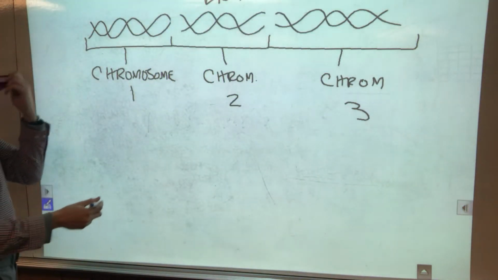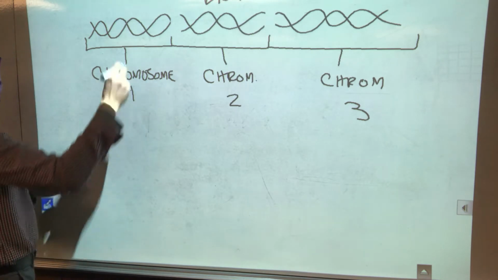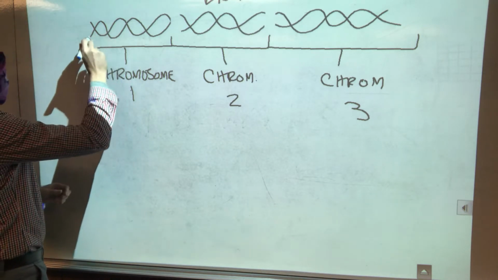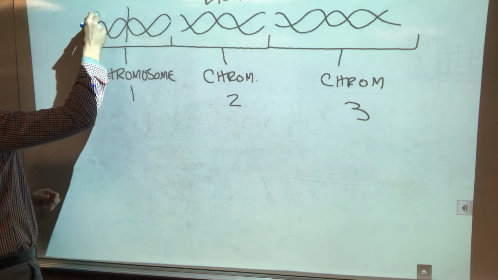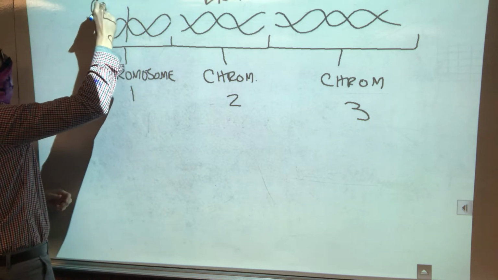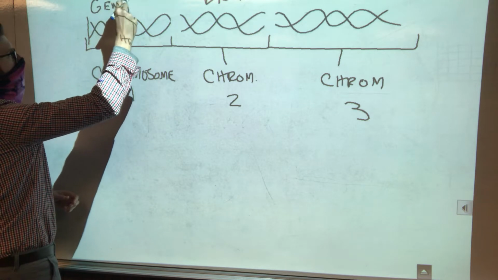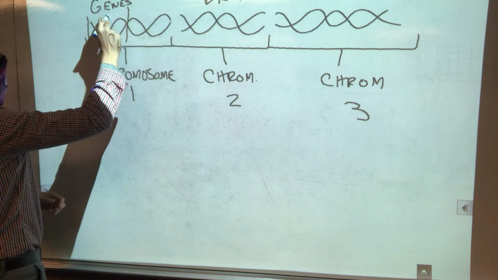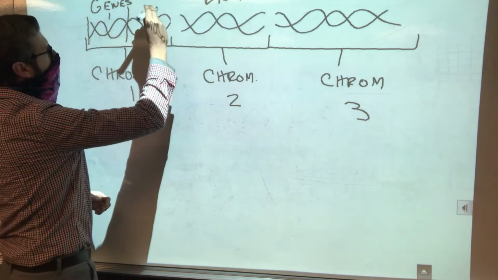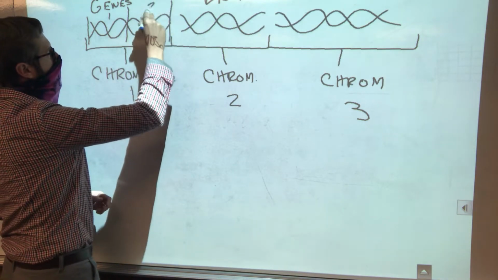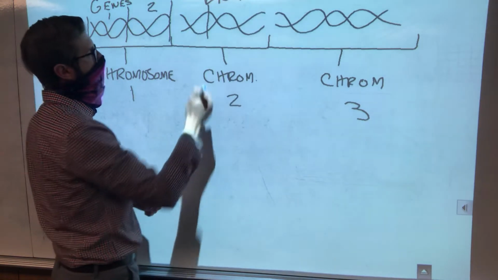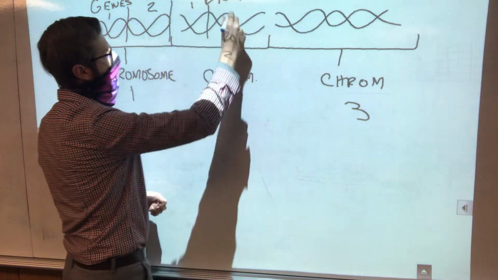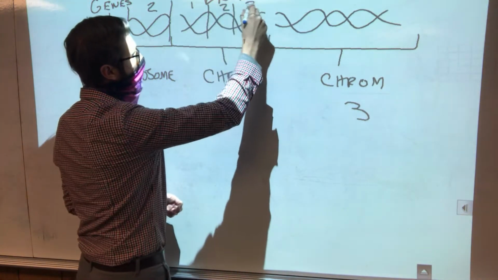Now, each chromosome is broken up into smaller chunks that we call genes. So let's say this is gene 1 and gene number 2. Chromosome 2 might be broken up into gene 1, gene 2, and gene 3.